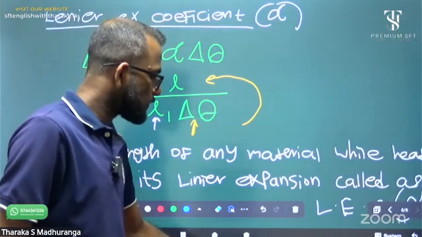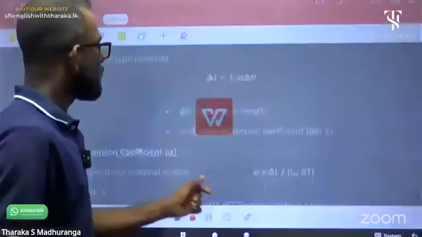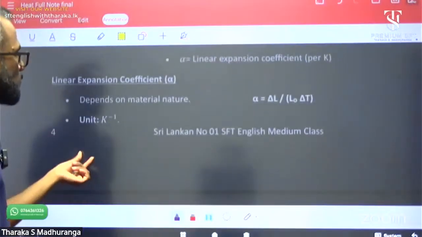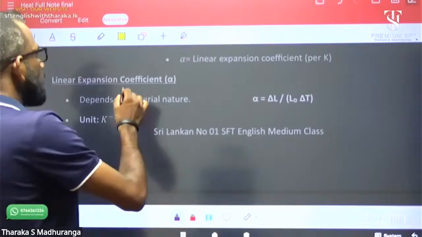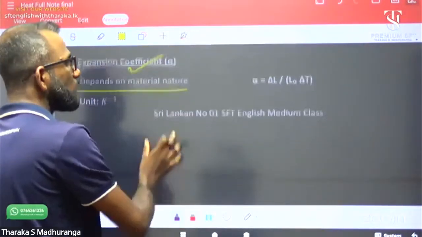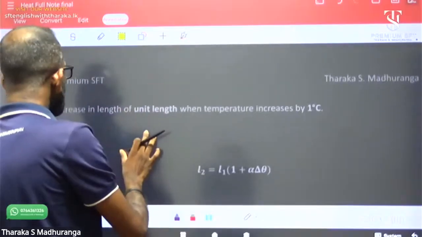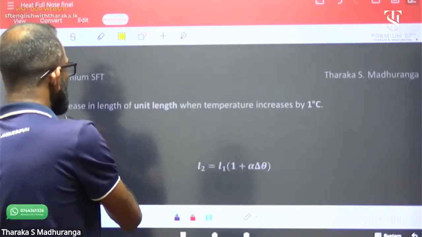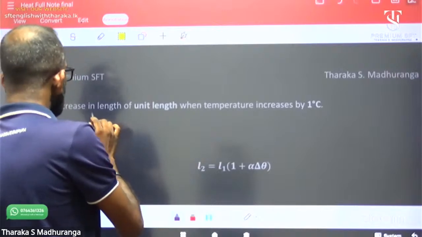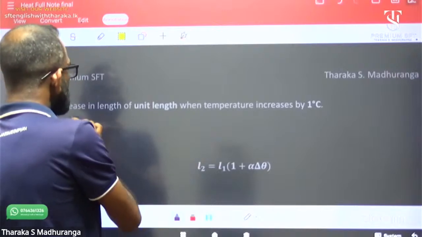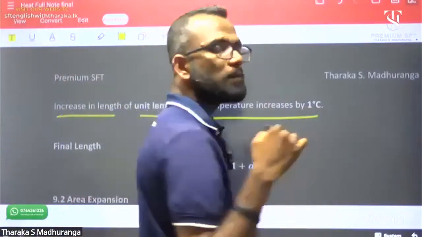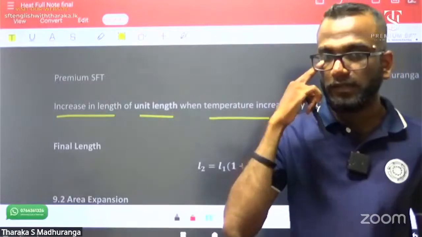It's already given. The linear expansion coefficient depends on the material type. It is the increase in length of unit length when the temperature increases by 1 degree Celsius.